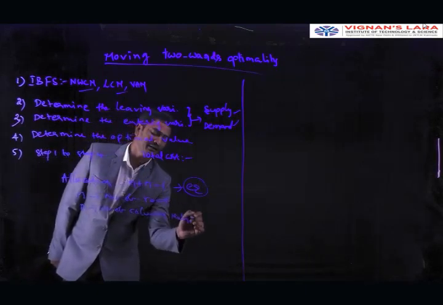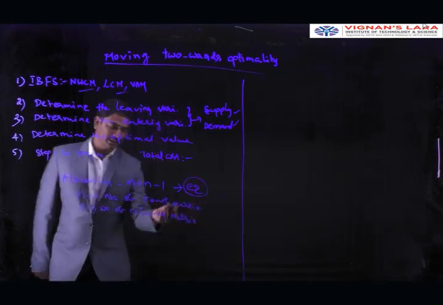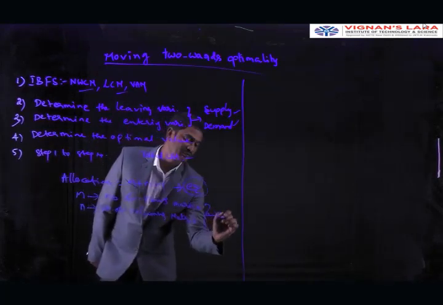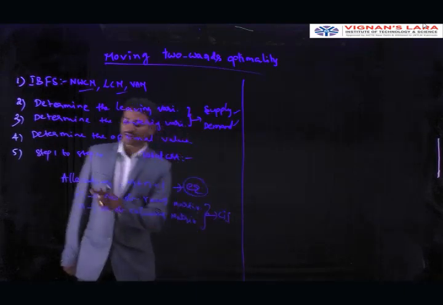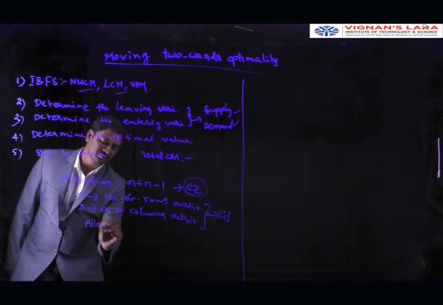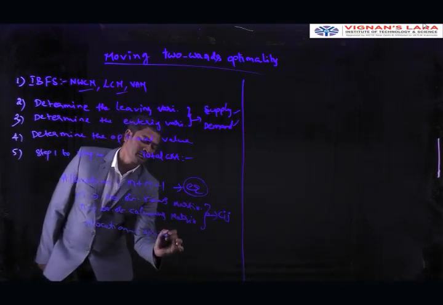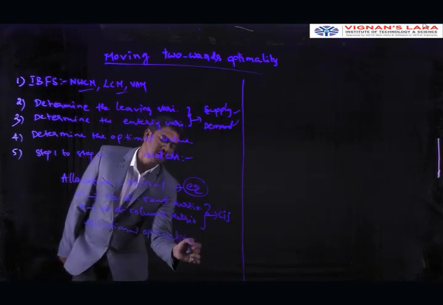Here, the matrix is the transportation cost, that is, the Cij values. From the Cij, we calculate m and n. After satisfying the allocations, we go to the optimality. This is the step for moving towards optimality.